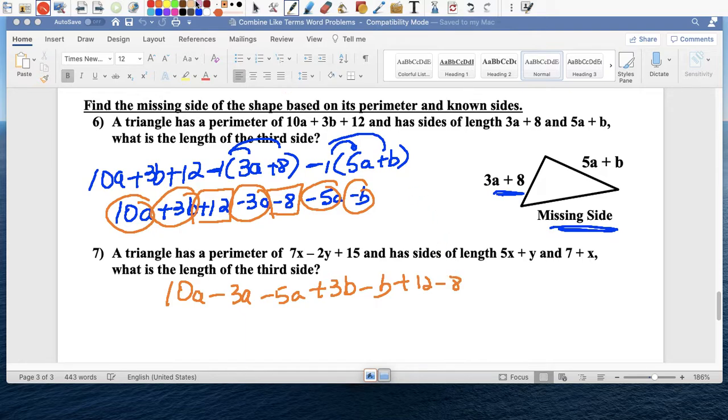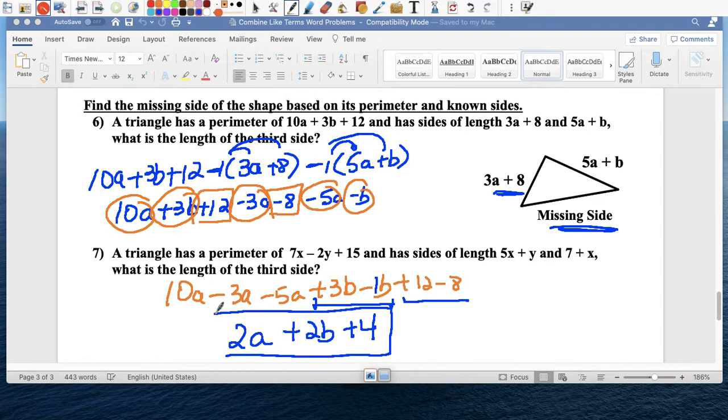So you combine like terms. 10a minus 3a minus 5a is just 2a. 3b minus b, remember there's a 1 here, so it's 3b minus 1b, which is positive 2b. And positive 12 minus 8 is 4. So how much is the missing side? That's the length of the missing side.